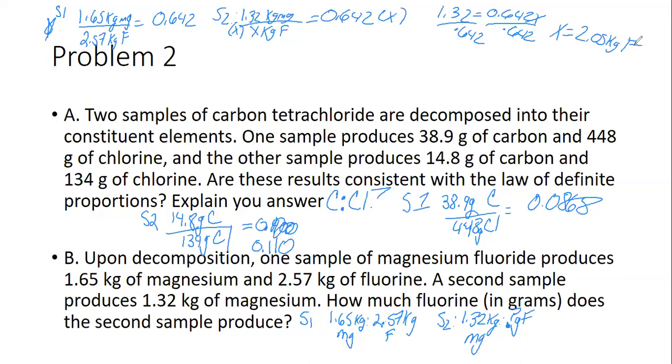Actually, it should be 2.06. 2.06. Yep, 2.06. So any questions about the law of definite proportions before we get to the weird one, the weirder one, I should say?